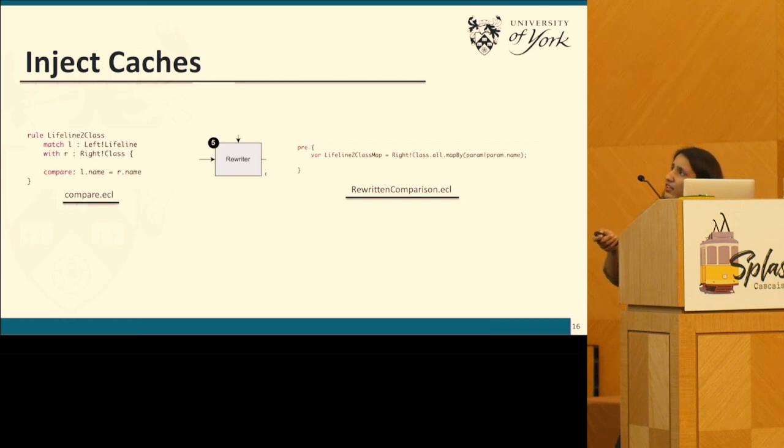We have a mapBy built-in operation provided by EOL. So what we do is we are creating an index based on the name field. Why are we creating it on the name field? Because we're comparing the name field with each other here.